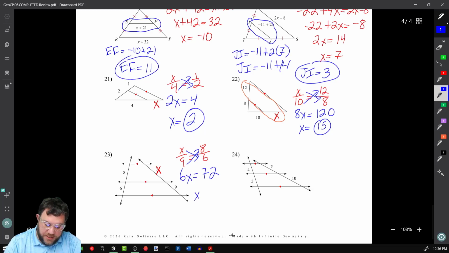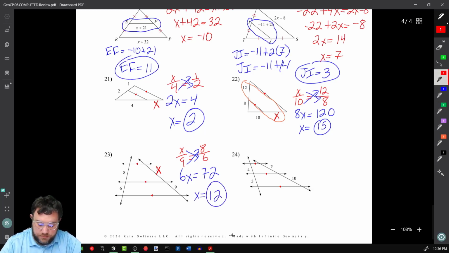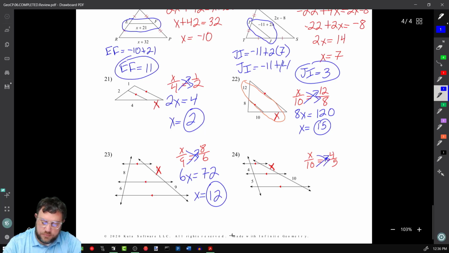Divide both sides by 6. So x equals 12. And then on the last one, we've got x over 10 equals 4 over 5. So we get 5x equals 4 times 10 is 40. Divide both sides by 5, so x equals 8.